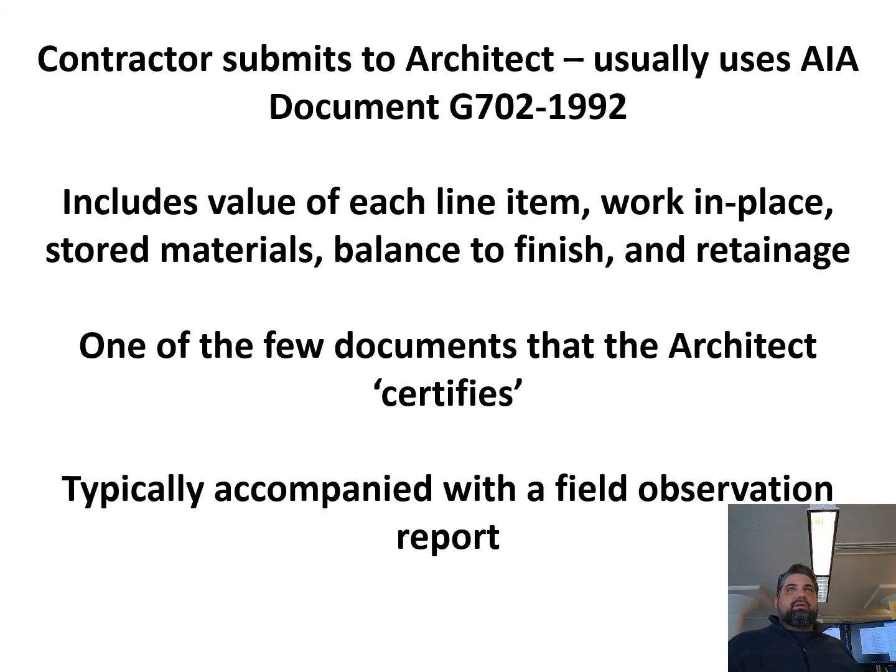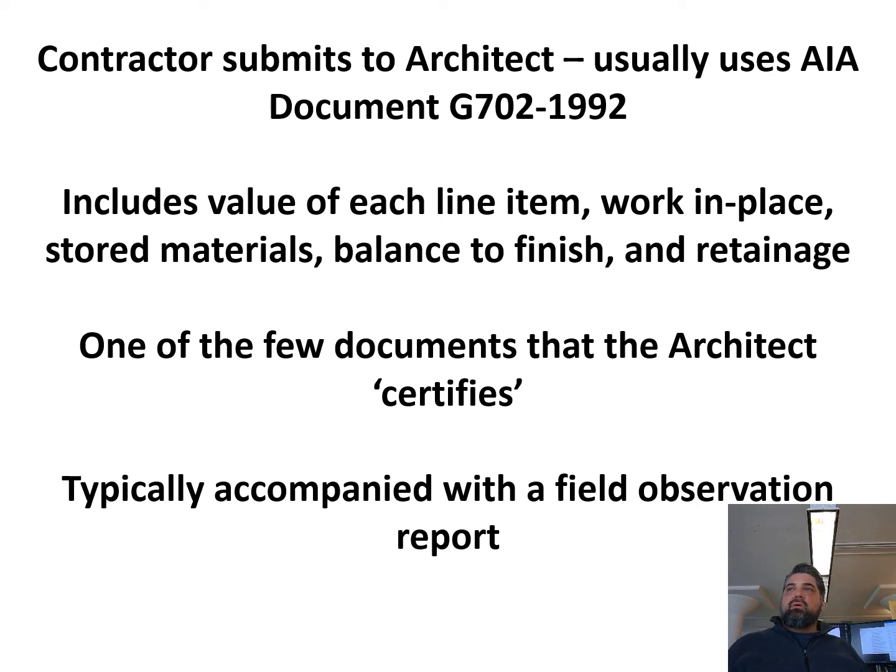So how that works is, let's say the contractor submits an application for $500,000 for that month. The owner will pay 90% of that. So they will pay $450,000, and $50,000, or 10% of that, will be retained as retainage.